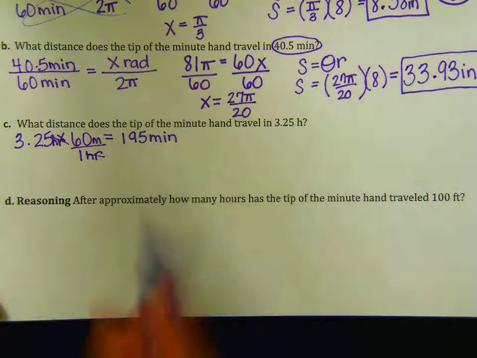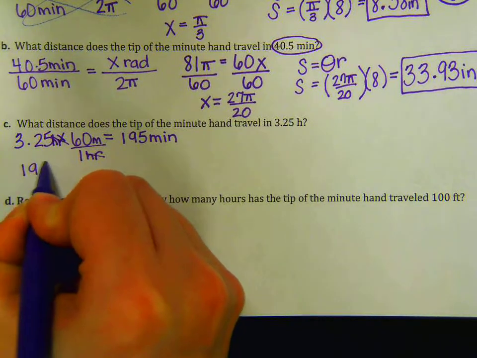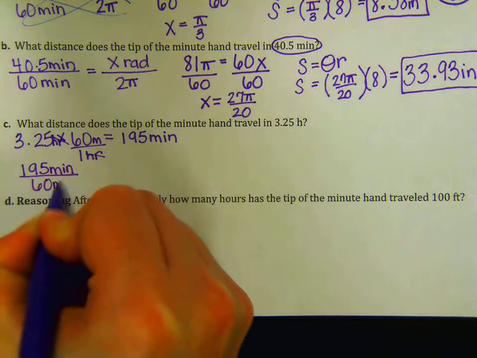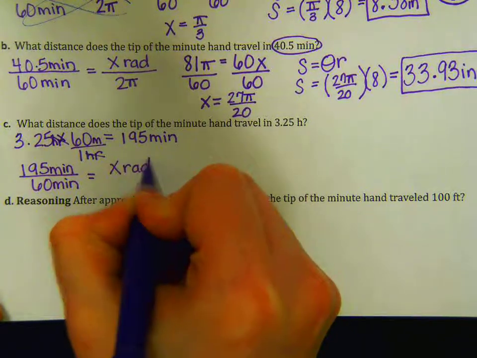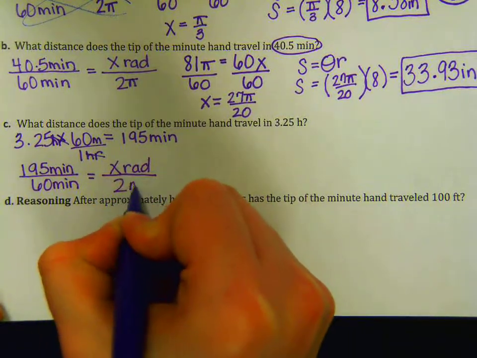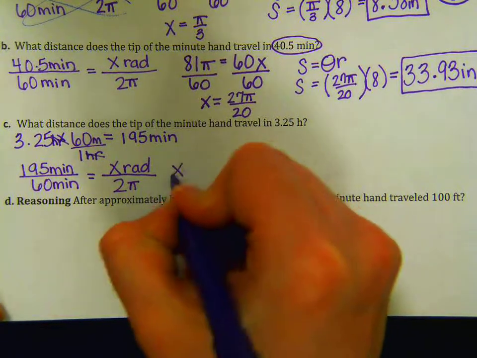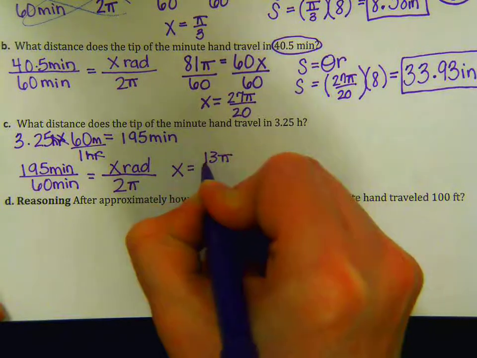Now that I have that, I can set up my proportion like we did before. I have 195 minutes over 60 is equal to my x radians over 2 pi. Cross multiply and divide. I'm going to just give you the answer for one. 13 pi over 2.